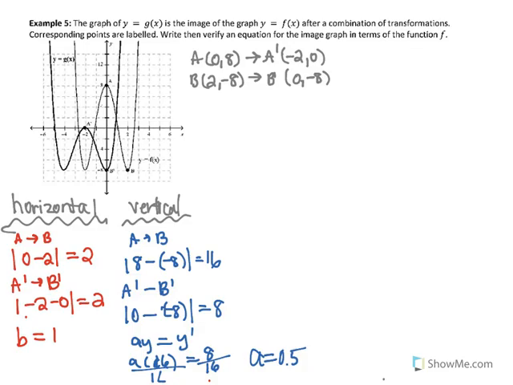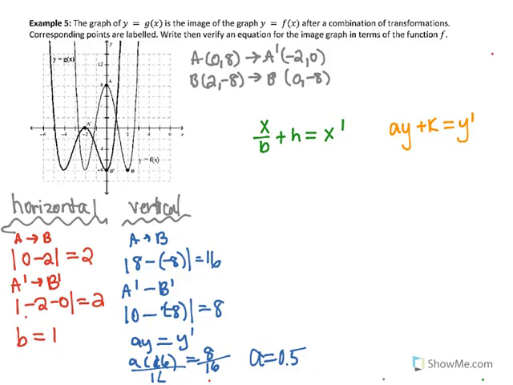Now we're going to figure out our translations. So we know a point goes from x over b plus h to get to x prime. And we know a point goes from a times y plus k to get to y prime.